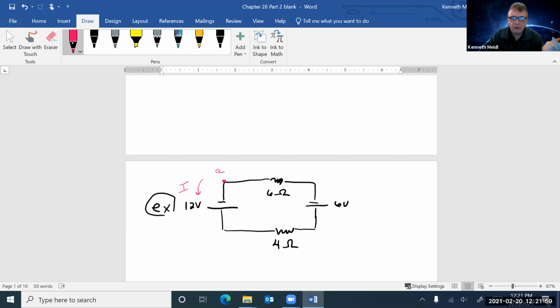It will make no difference whatsoever. So it's just an arbitrary choice. And if you choose a direction for the current that is not what's really happening in reality, the mathematics will let us know. So don't worry about your choice here.